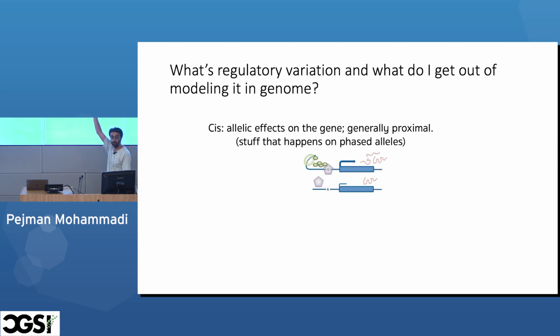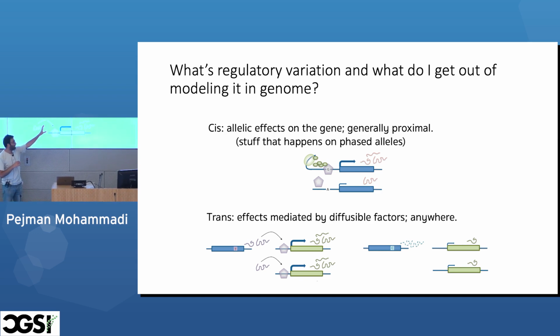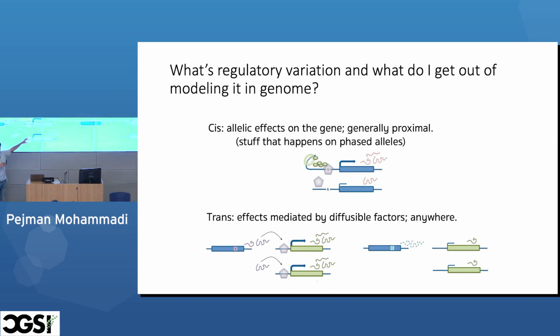That contrasts with the case of trans effects, where you have some sort of genetic variation somewhere in your genome, and then there is some sort of diffusible mediator. For example, maybe there's a protein, or maybe there's a microRNA, something like that, that goes somewhere else in the cell and then changes the regulation of some other gene.